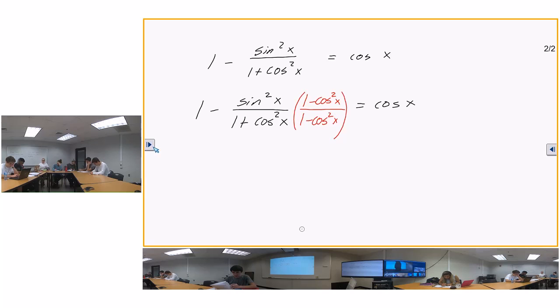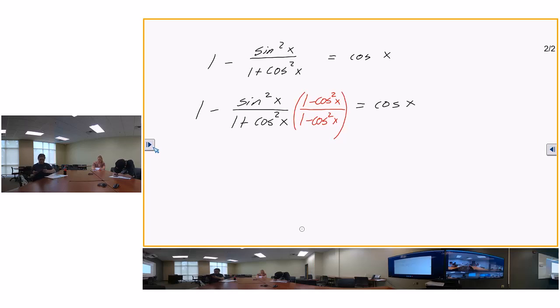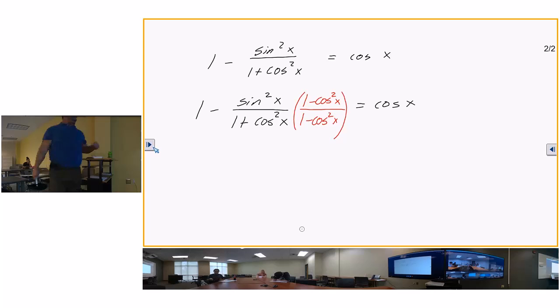All right? So finish it. And that's supposed to be 1 minus cosine right here. I'm sorry. I think I did that last time.